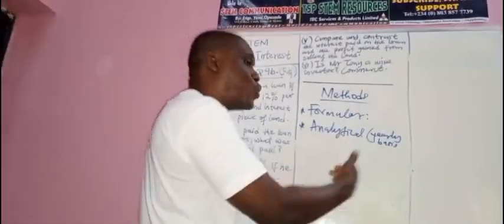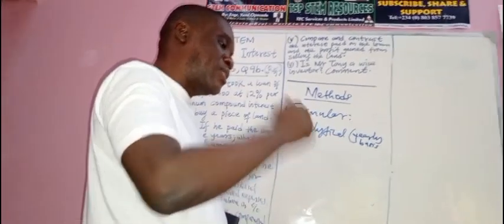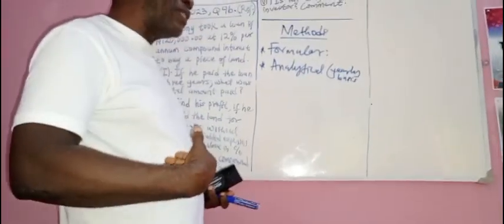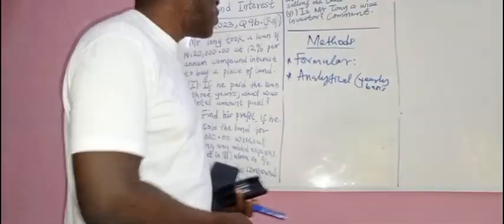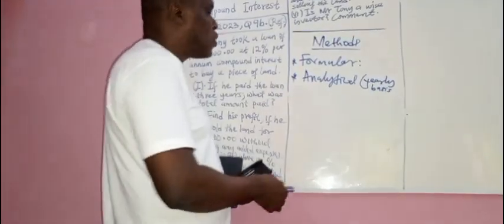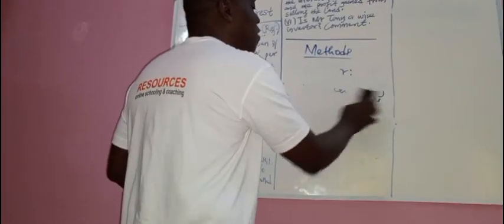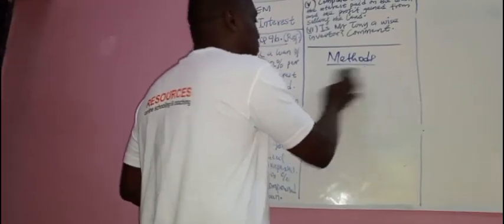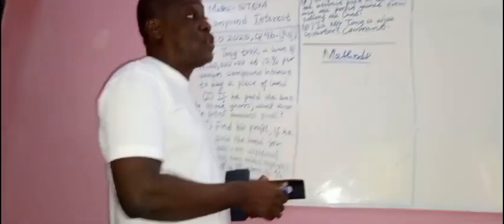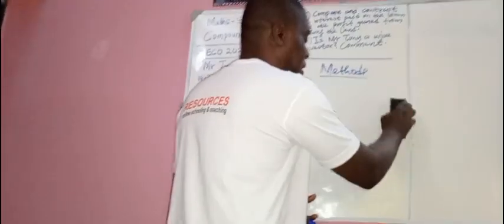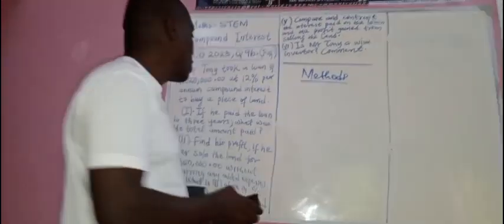Then there is one that has to do with taking this yearly basis, getting the interest and an amount, using that amount to become another principal for the following year, get the interest again, and so on and so forth. I would love to start with the analytical method. We will confirm it with the formula method later, because that is what is expected mostly at the junior secondary school level, even though you are at liberty to pick whichever formula or method that pleases you.